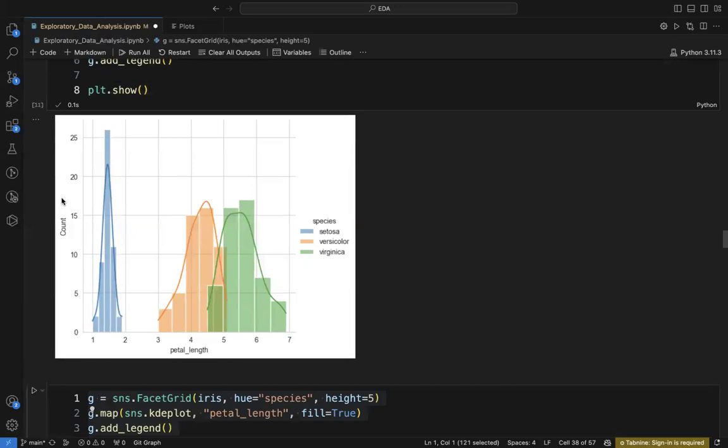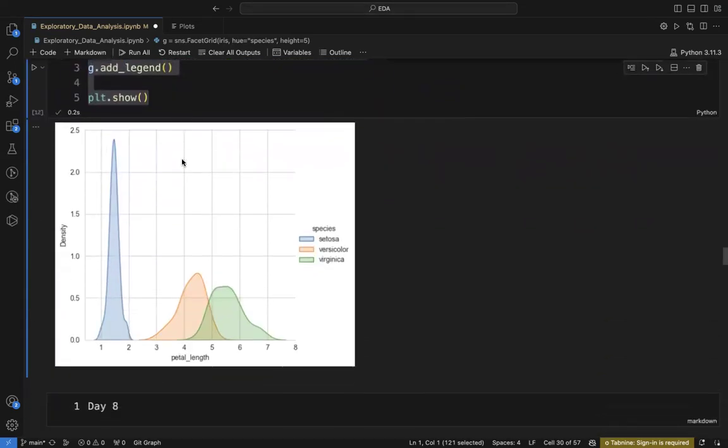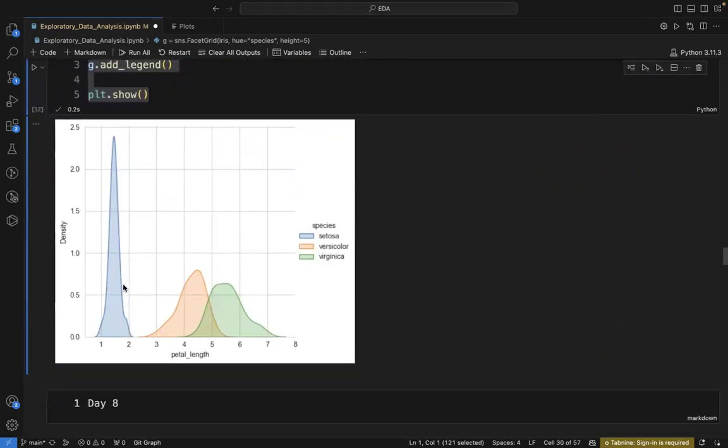Fine. We need to understand which of the four variables is more useful in classifying flowers into setosa, versicolor, and virginica. So if I have to pick just one feature, which of the four is most useful? We have four features: sepal length, sepal width, petal length, and petal width. If you see the petal length, you will notice this.